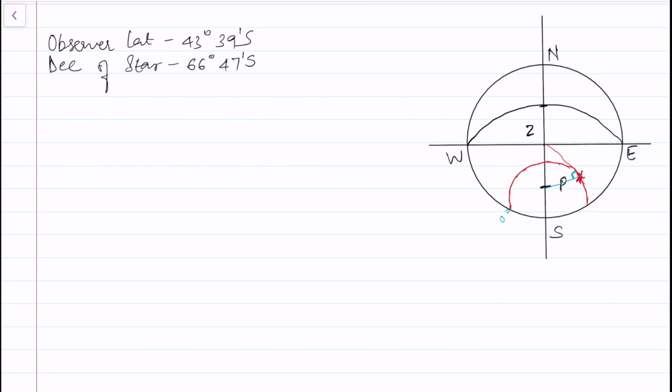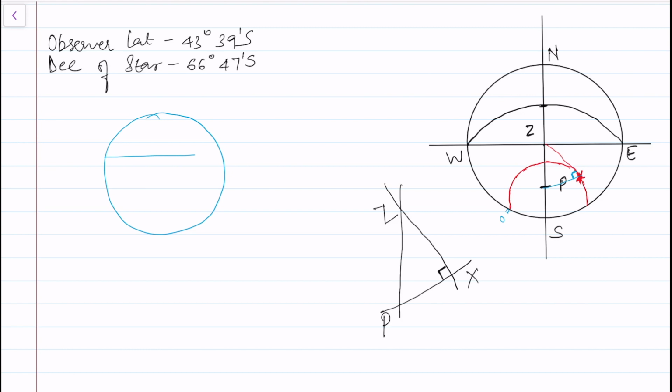I will draw this PZX triangle a little bigger so that we have a clear understanding. Now this is Z, this is P, and this is X, and this is 90 degrees. As explained earlier, we have an angle that is 90 degrees, so we will draw this diagram to help us solve with Napier's rule.